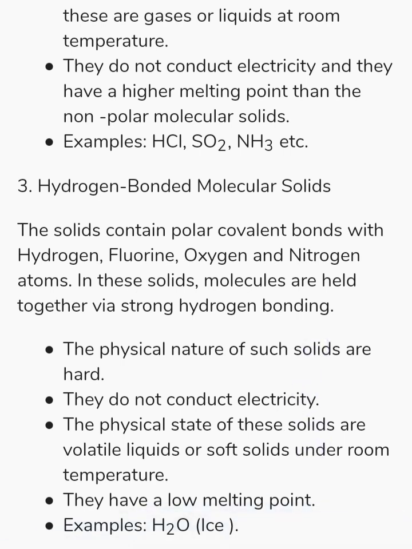Number 3, hydrogen bonded molecular solids. These solids contain polar covalent bonds between hydrogen and fluorine, oxygen, or nitrogen atoms, and the molecules are held together via strong hydrogen bonding. The physical nature of such solids is hard.